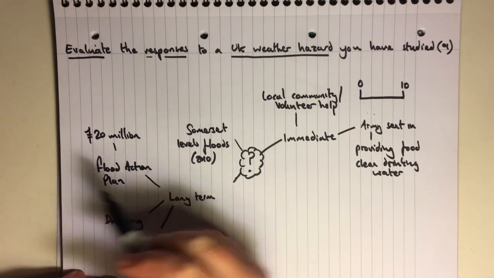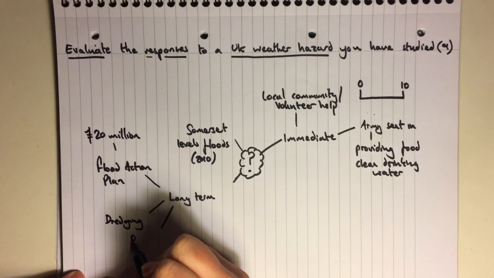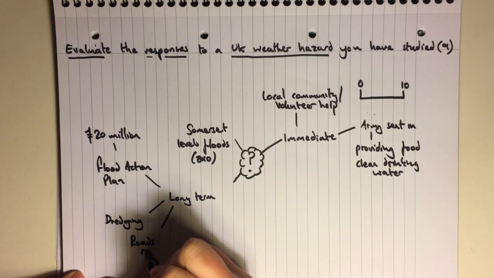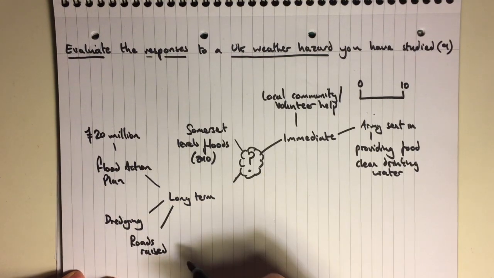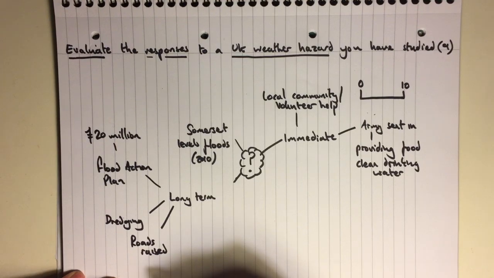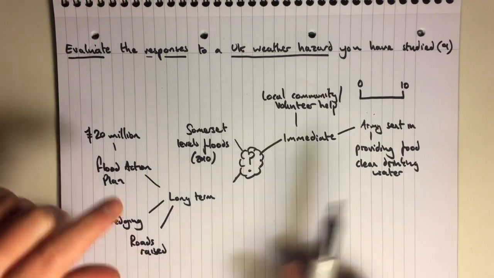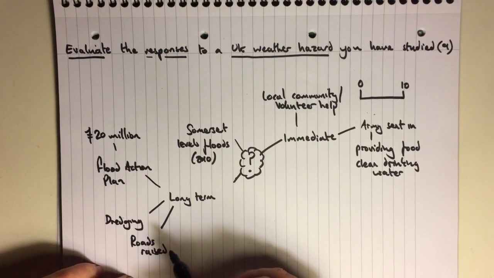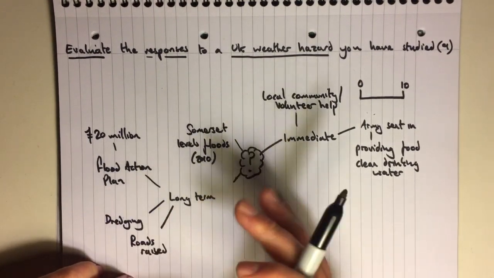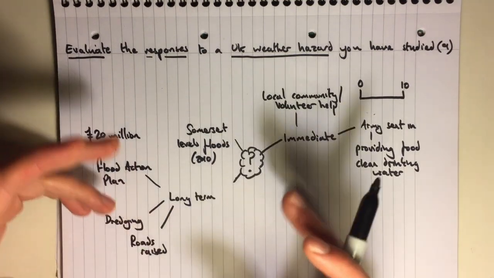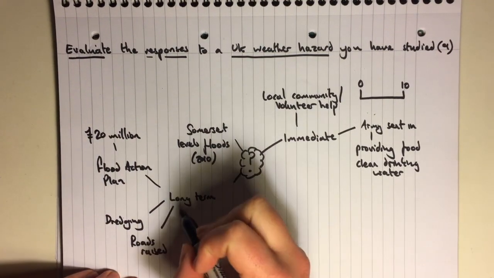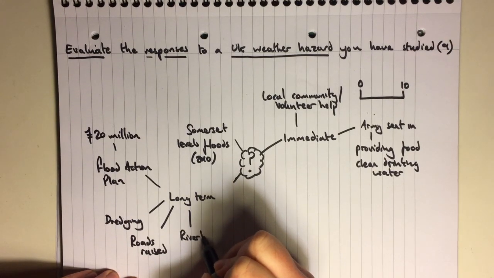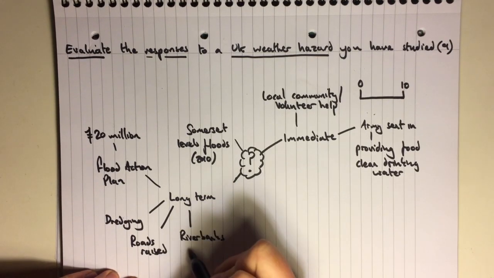Other things that this flood action plan did was raising roads in the local area, so that these communities which were once isolated by these floods would now at least be able to communicate with one another and allow cars to pass over these areas just in case the floods happened again. Another thing that happened was that the riverbanks were raised.